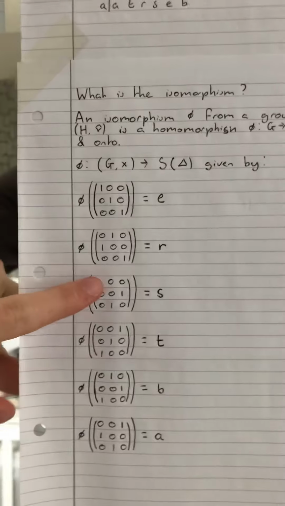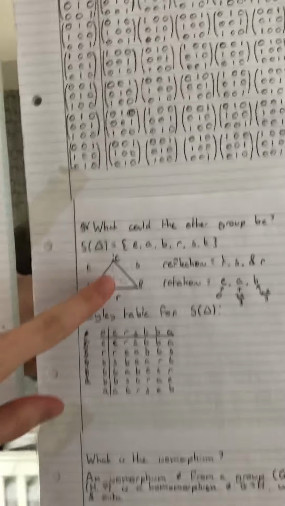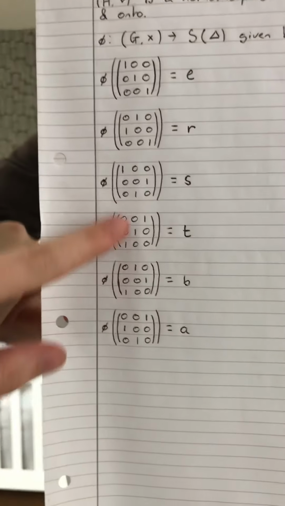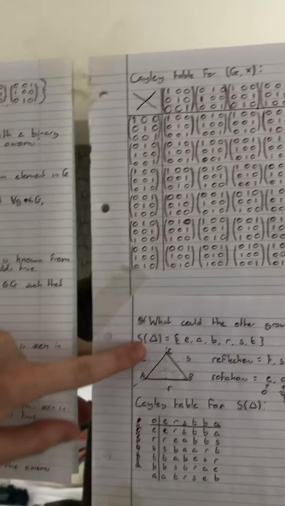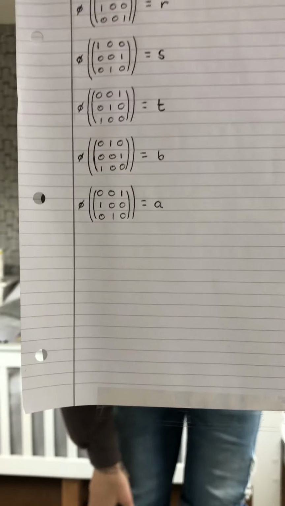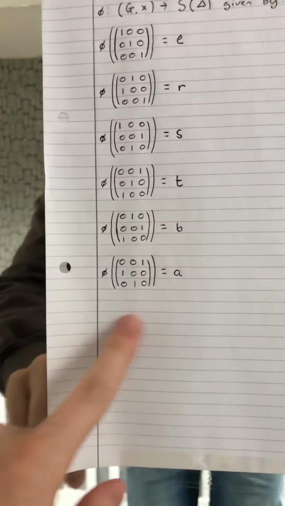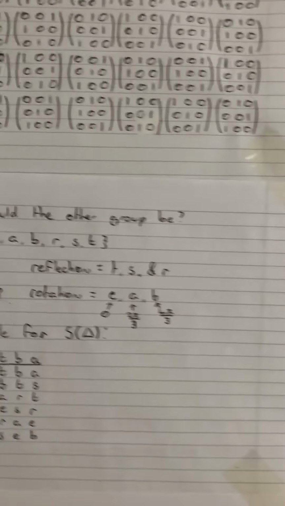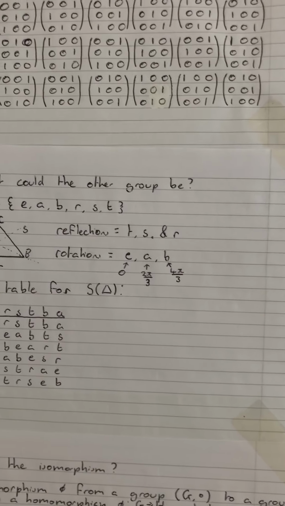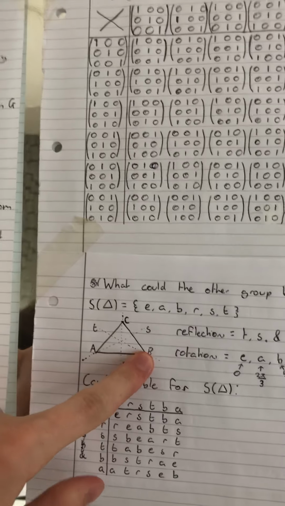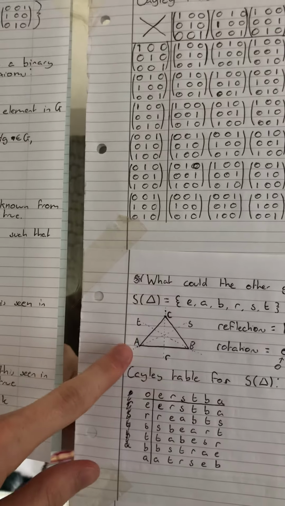Same with S, so this is going to swap C and B. T is A and C, T clearly shows that A and C swapped. The rotation is a bit more complicated, so we'll start with A down here. So what does A do? Well, it's a rotation by 2 pi by 3 anti-clockwise, so that means A is going to go to B, B is going to go to C, and C is going to go to A.